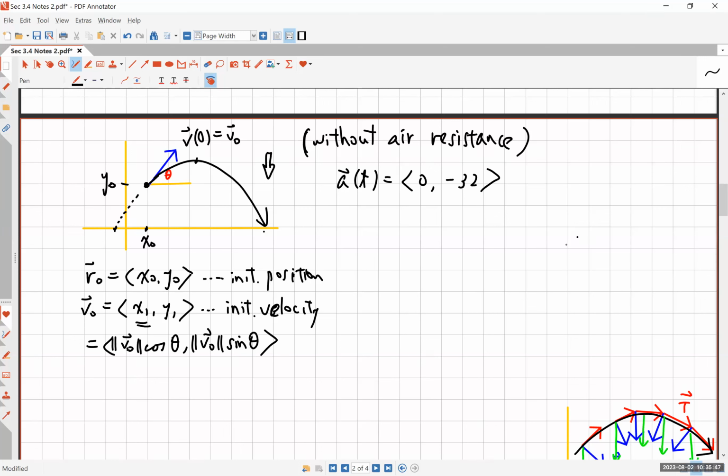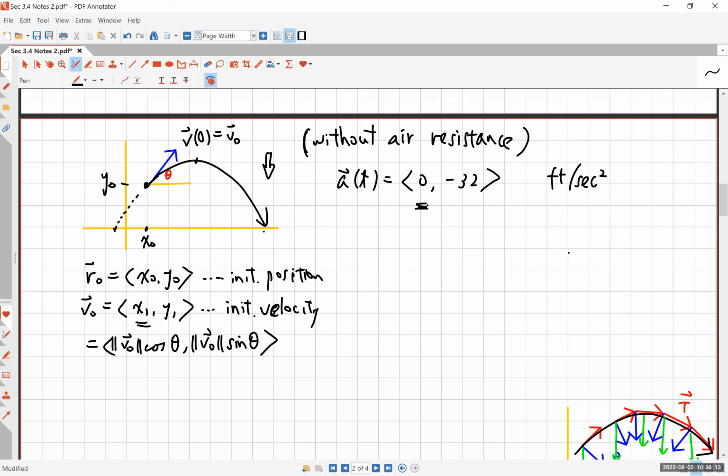Well, this is a well-established number, in feet per second squared. If you consider all the forces, one and only one force applied to this flying object or projectile is gravity.